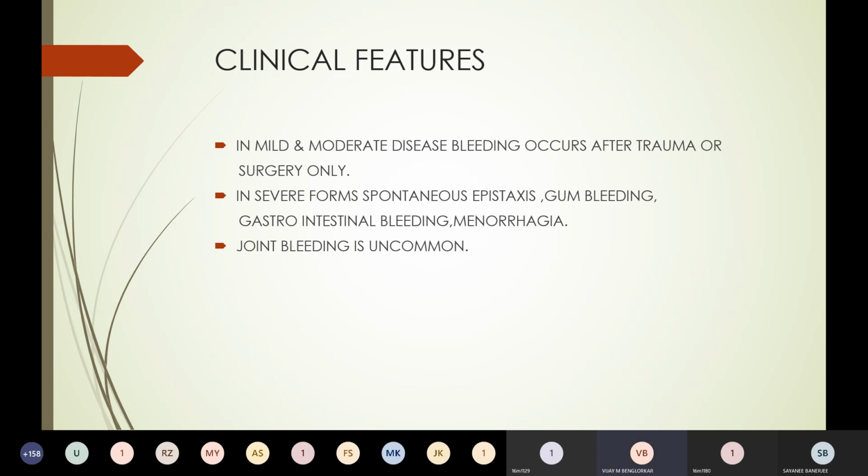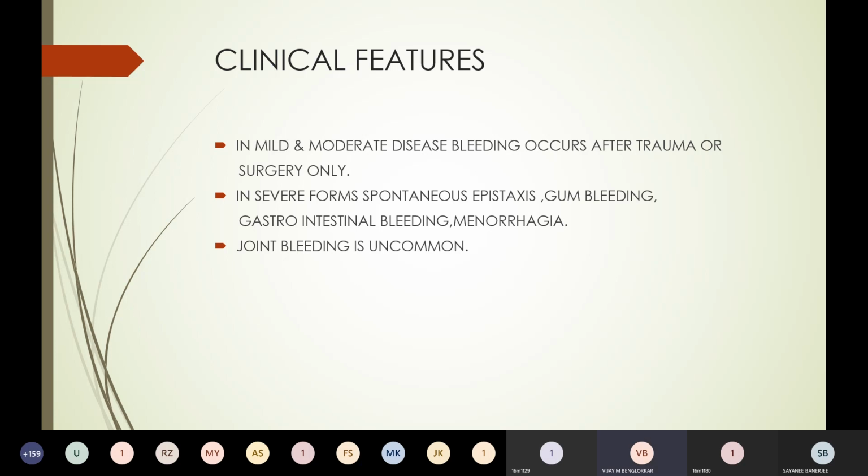So the patient goes unrecognized. In severe forms, we get spontaneous bleeding from the nose, called epistaxis, gum bleeding, or from the GIT, lower gastrointestinal bleeding, bleeding through the rectum, or menorrhagia. But joint bleeding is uncommon.